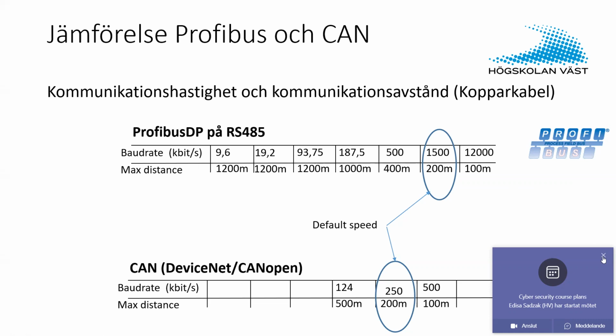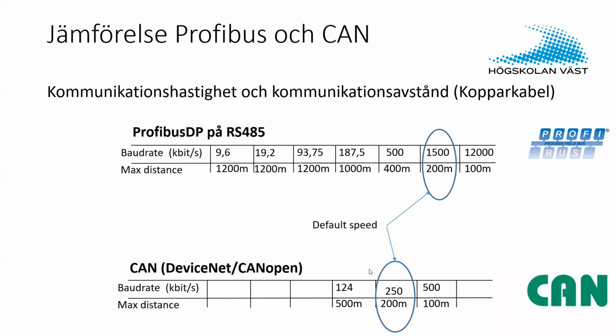But we see here in both cases that we talk about kilobits per second. It's not gigabit or megabit, but sure, here it's megabit actually. So that can tell you something about the typical speeds you use here. It's very often kilobits per second, and that's very often quite enough.